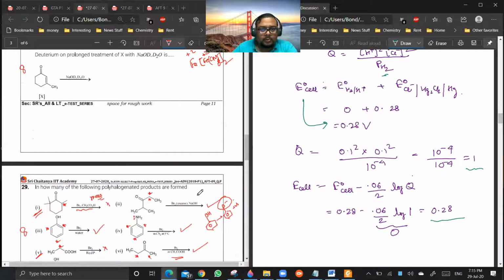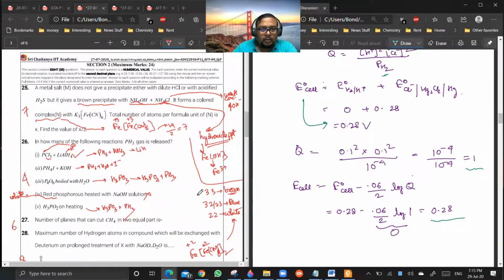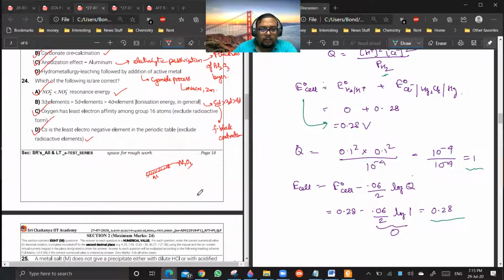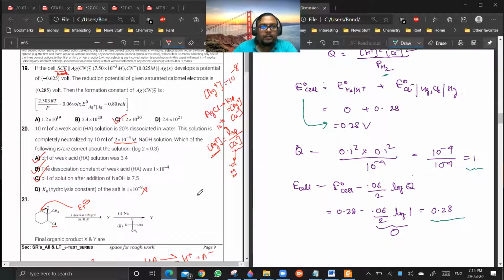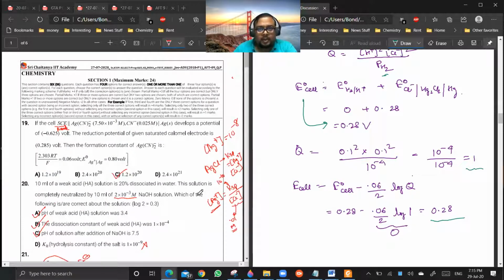No doubts in this paper now? So can we conclude now? See, paper 2 I will most probably be discussing on Saturday. Is it okay?